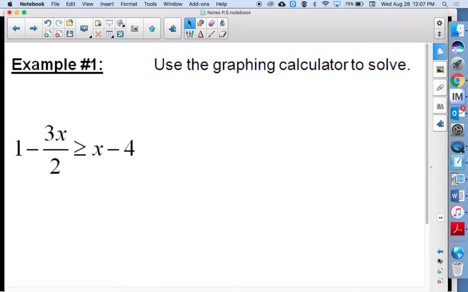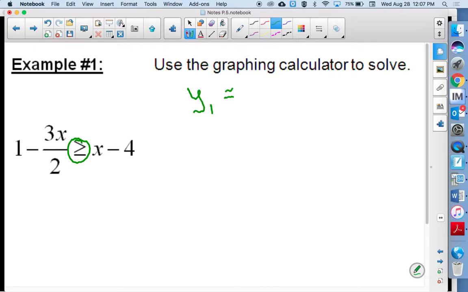We're going to look at this as two equations. I know there's an inequality sign, but whatever's to the left of it is going to be equation 1. So in y1, we're going to place (1 minus 3x) over 2. Whatever's to the right, we're just going to make equation number 2, which is x minus 4.